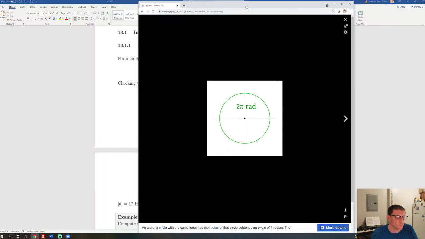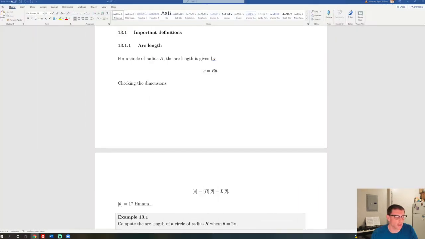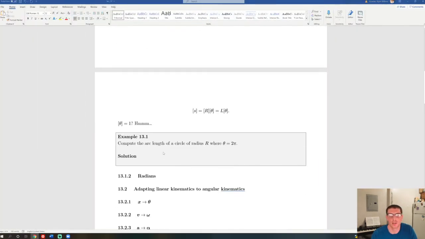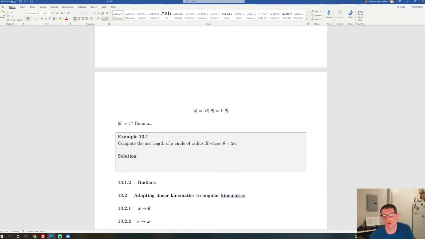So let's do a quick calculation here. This is going to be very quick, but we want to compute the arc length of a circle of radius big R when we're taking the angle to be 2 pi.